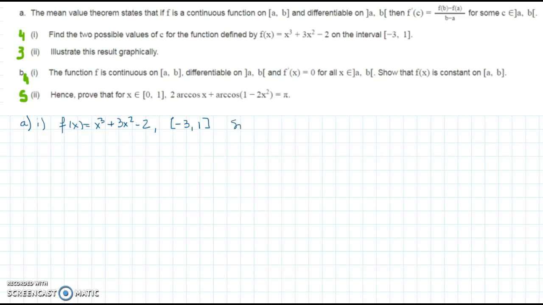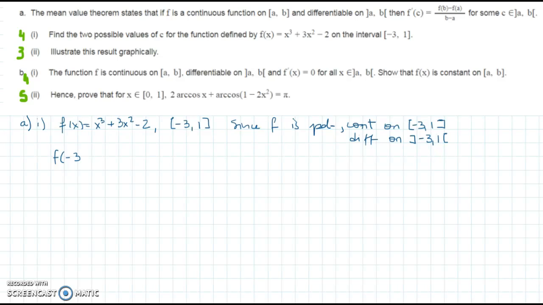Since f is a polynomial function, we know that it is continuous on any closed interval we want to consider, so continuous on minus 3, 1, and it's also differentiable on the open interval minus 3, 1. To apply the mean value theorem, we're also going to need the value of f at the endpoints.